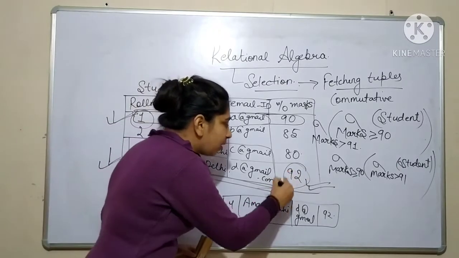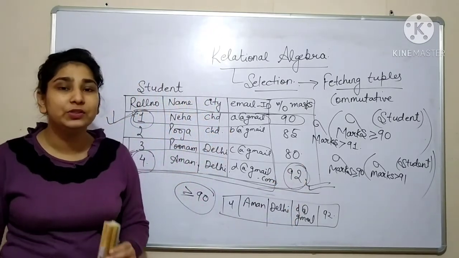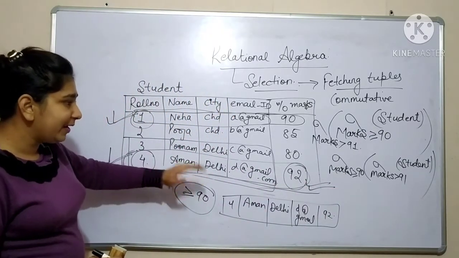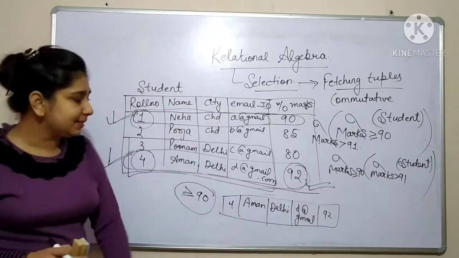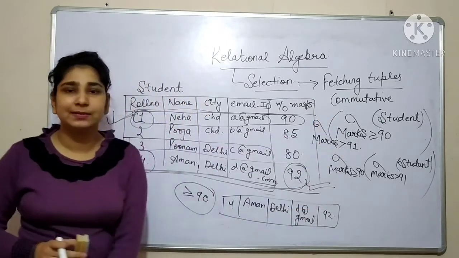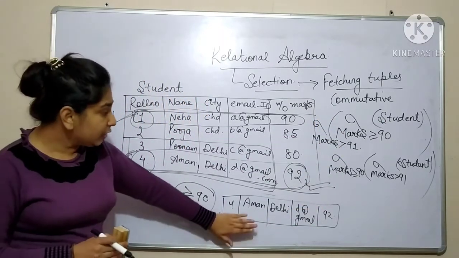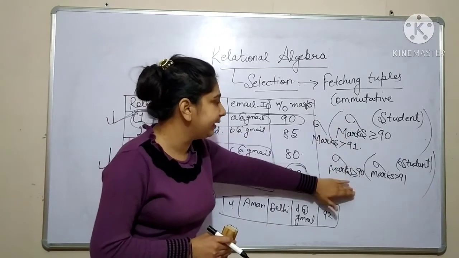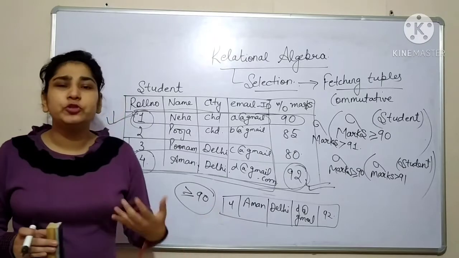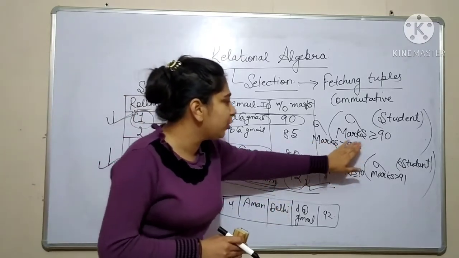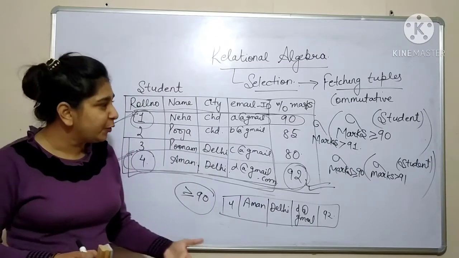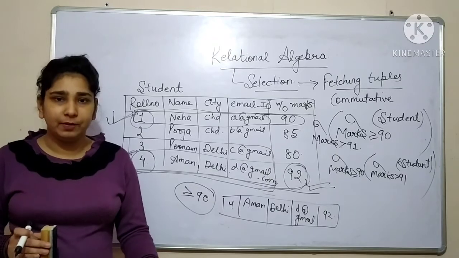So what is the marks of this tuple? 92, which is greater than 90. So what is the output I will be having? In this case, the same output, this one, which we got in the other set of operations. Okay, so it is commutative. Selection operation is commutative. Even if you change the order of the selection operations, your output doesn't get affected. Output is going to remain the same.